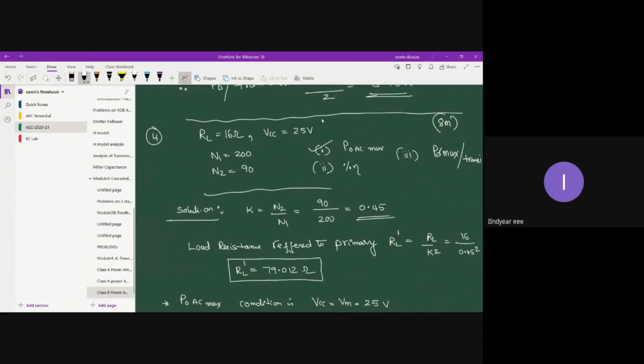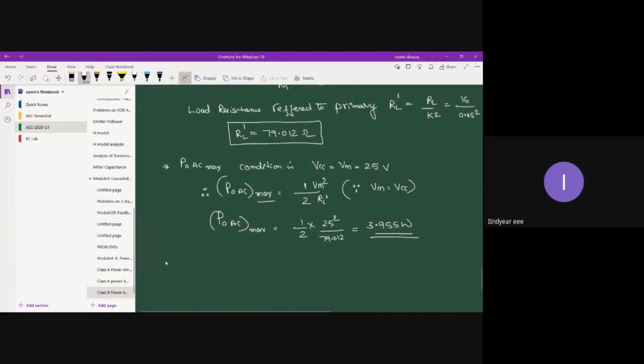Okay, done. Next, we need to find out percentage efficiency. So percentage efficiency is P0 AC divided by PDC. Okay, so over here, P0 AC is nothing but P0 AC max.